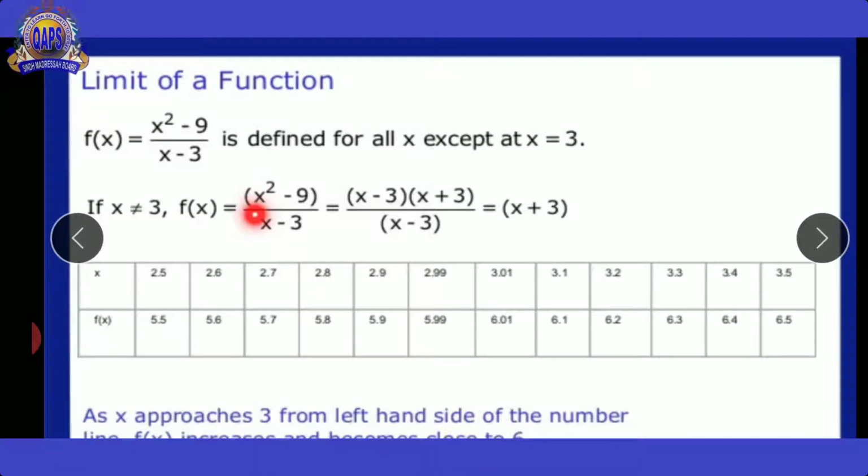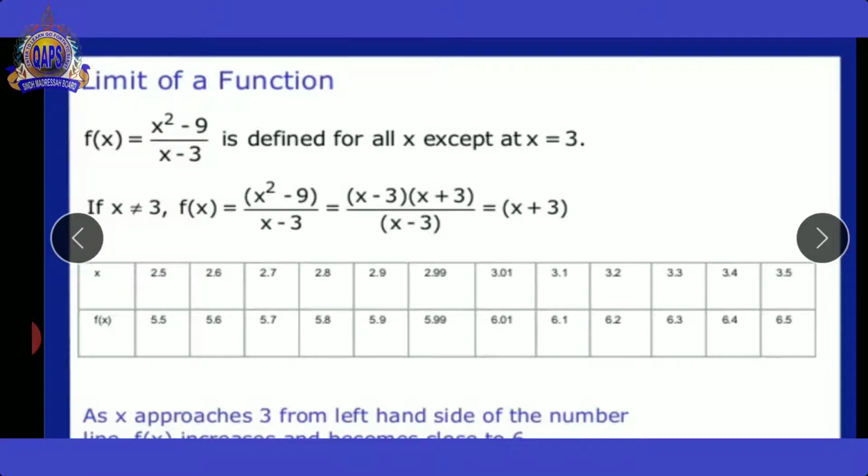This function x square minus 9 breaks down using the difference of two squares formula, a square minus b square, into two brackets: x minus 3 and x plus 3, since 9 is 3 square. The x minus 3 in the denominator cancels with x minus 3 in the numerator. So the result is x plus 3, which is the simplified function.